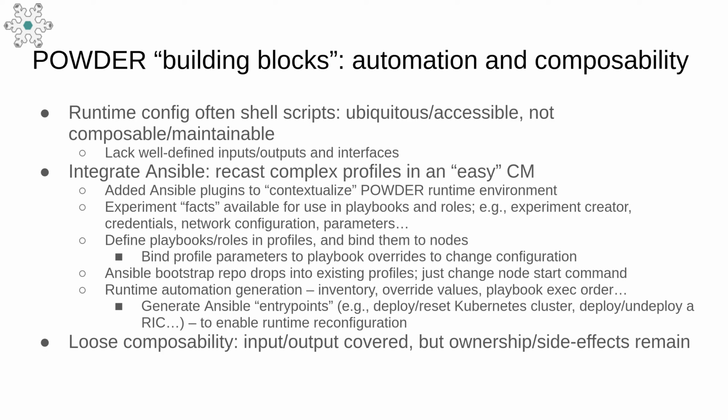At the same time, the most widely used form of automation after the Powder platform has laid down the base configuration is shell scripts, and this is natural. They're ubiquitous. They're accessible. They're easily written. They're easily tested. But they're not very maintainable, and when they become large collections, it's impossible. It's very hard to reuse pieces of them, simply because they lack these well-defined inputs, outputs, interfaces.